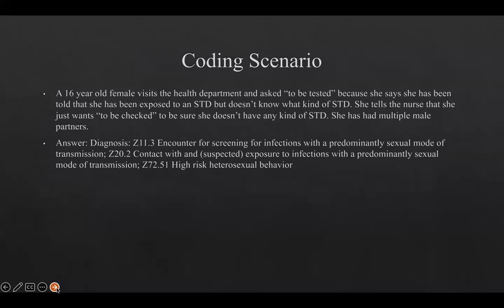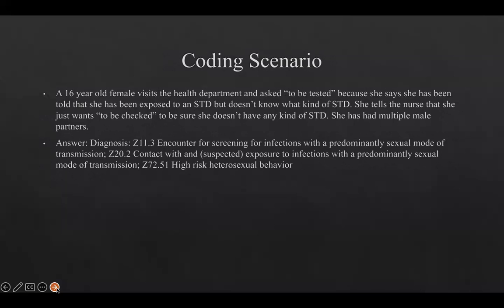Here's an example of a coding scenario. A 16-year-old female visits the health department and asks to be tested because she says she had been told that she had been exposed to an STD but doesn't know what kind of STD. She tells her nurse that she just wants to be checked to be sure she doesn't have any kind of STD. She has had multiple male partners. In that case, what code should we use?